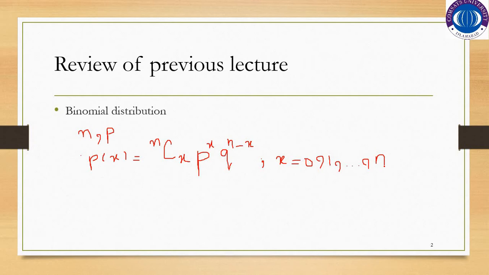So this is the probability mass function of binomial distribution, and the mean of binomial distribution is n into p, whereas the variance is equal to npq.